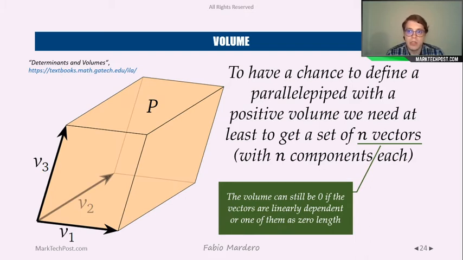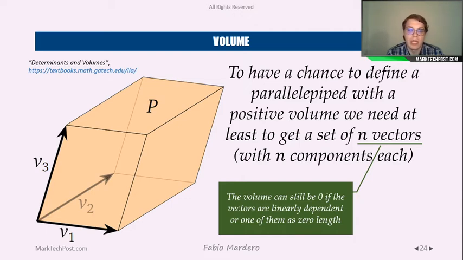To have a chance to define the parallelepiped with a positive volume, we need at least a set of n vectors, of course. We have seen that if we take fewer than n vectors, we are in a subspace that has a volume equal to 0. Every one of these n vectors has n components.